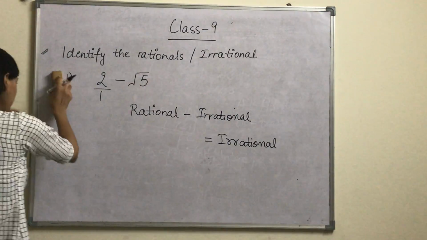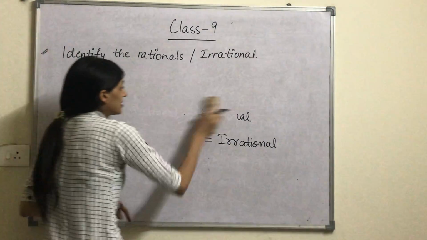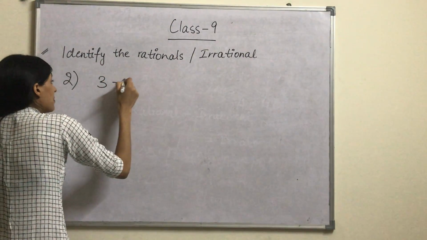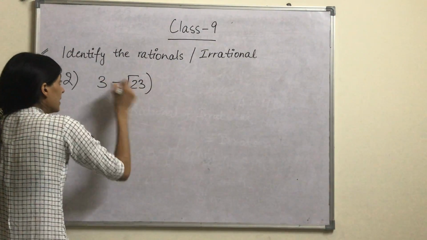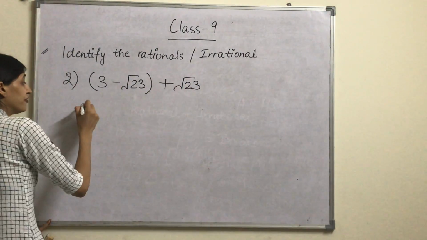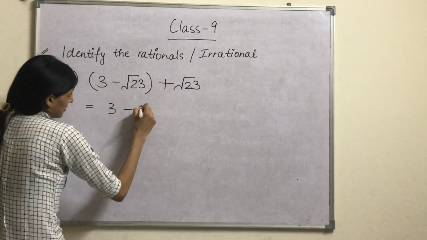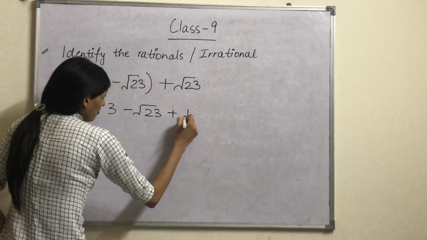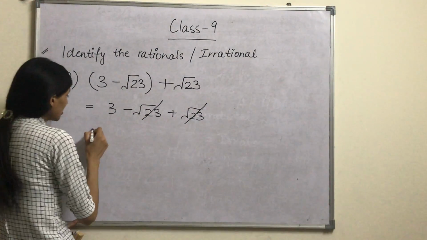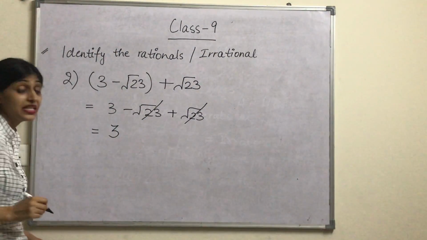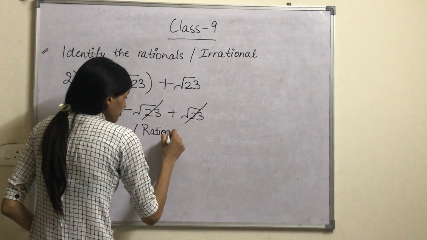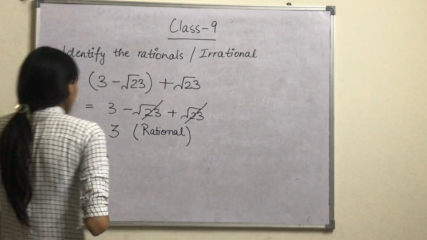Next, suppose a question is given to you, 3 minus root 23 plus root 23. Now if you solve it, open the bracket, this plus and this minus cut down with each other, the answer will be 3, and 3 itself is a rational number, right?